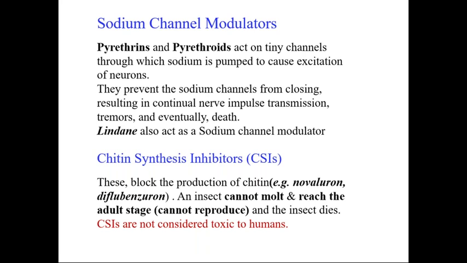So these insecticides act as chitin synthesis inhibitors, and they prevent the molting of the insects, and the insects cannot reach the adult stage or reproduce and they die. The chitin synthesis inhibitors are not toxic to humans because in humans we do not have the metabolic pathways for the synthesis of chitin, and we do not synthesize chitin.